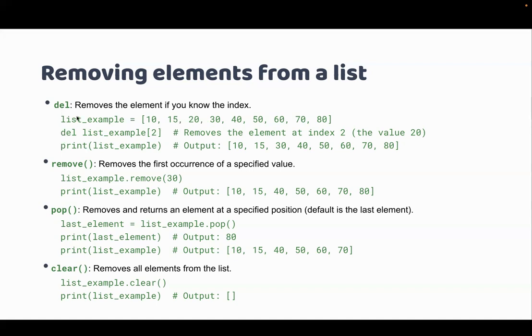When we're using del, it's not dot delete or something. It's just this statement, del, followed by a space and the specified variable name and also the index. If we print this out, we can see we deleted the 20 over here.